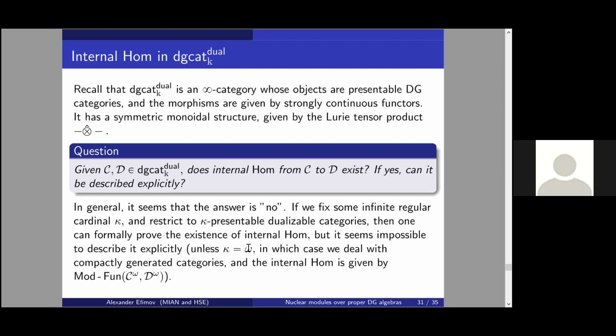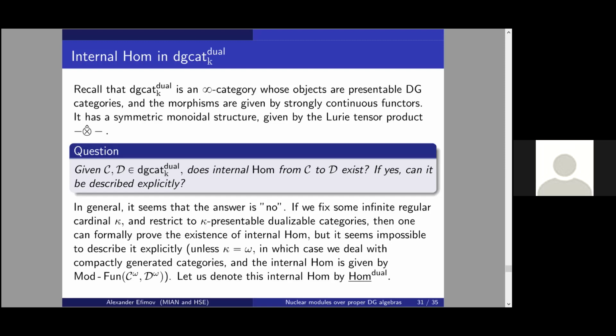It's a clash of notations. No, it's the same. Omega-compact is the same as compact in the usual sense. I see, okay, good to know. Just by definition.